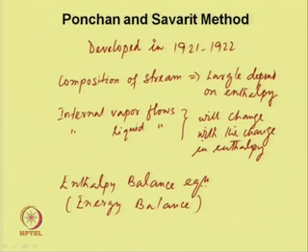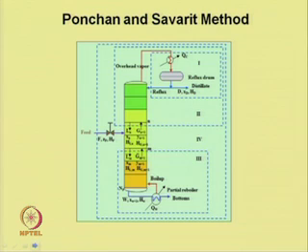The Ponchon and Savarit method is also a graphical method, as we did for the McCabe-Thiele method. It is also a graphical method which considers both material balance and energy balance. Let us consider the similar column we have taken earlier. We have divided it into 4 sections.